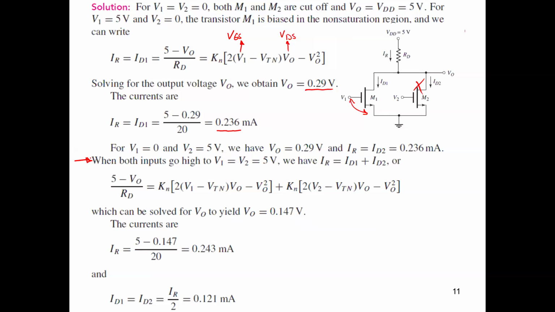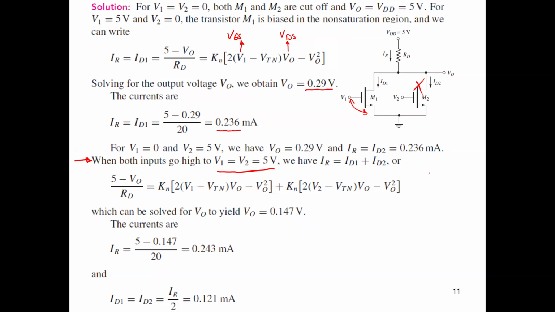So from this line, guys, we have the second case, which is if both of them are 5 volt. So we can say now the total current equals ID1 plus ID2, which is 2 times ID, because we have two identical MOSFETs.